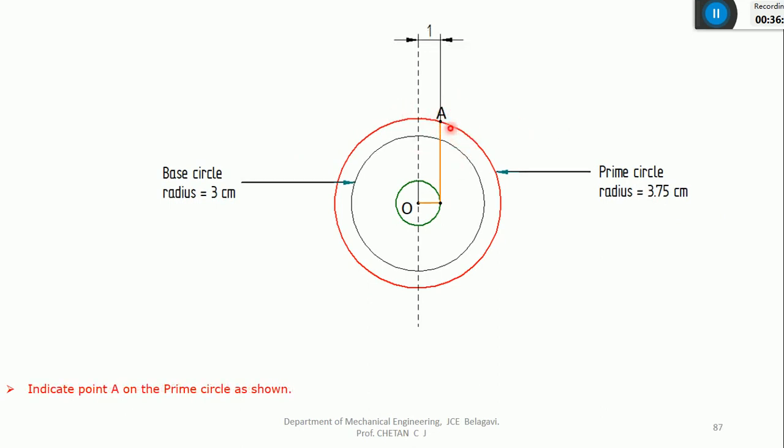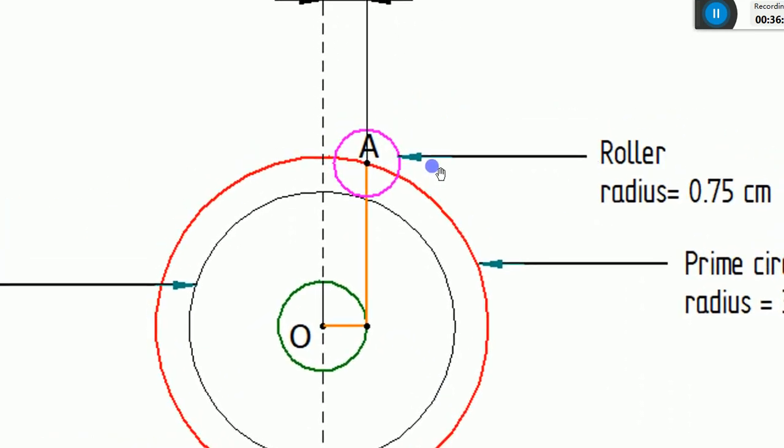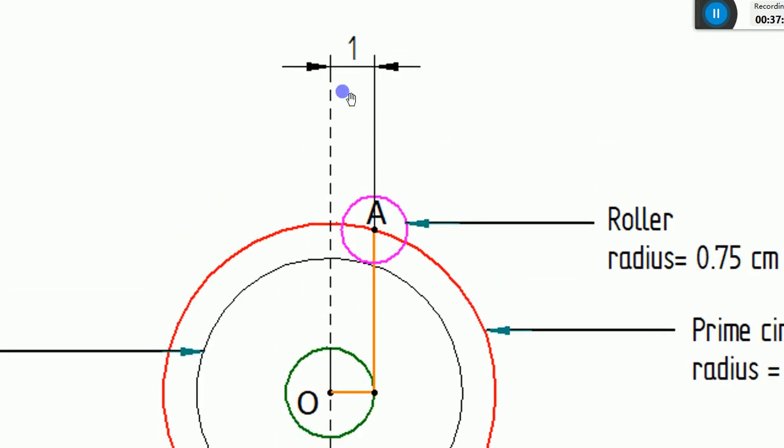After that, you can indicate the roller with the radius of 0.75 by taking the center as point A. Okay, this is a roller with a radius of 0.75 and the center is again A. Similar to the previous one. In the previous case, this circle was at this point. Okay, since it is an offset type of follower, there is a slight offset towards your right.